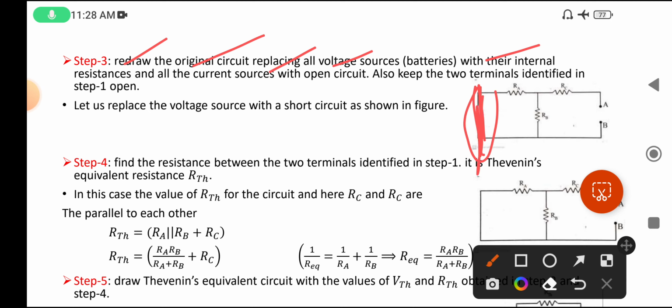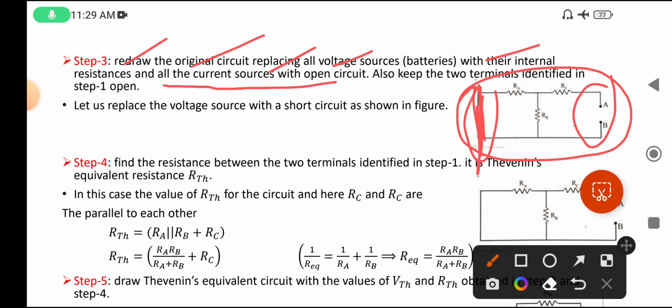Here there is no need to show the internal resistance, and all the current sources are to be opened, but initially there was no current source, that is why there is no need to open anything here. So only the terminals identified in step 1 are kept open.